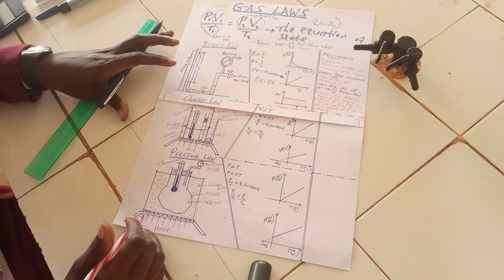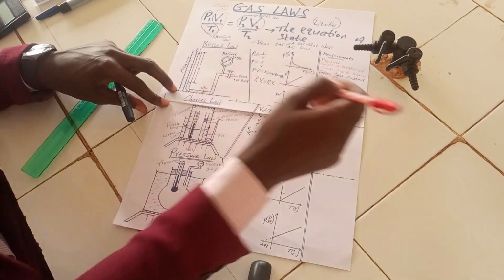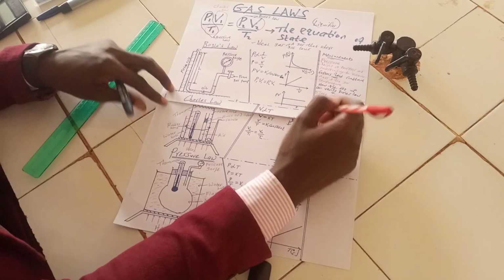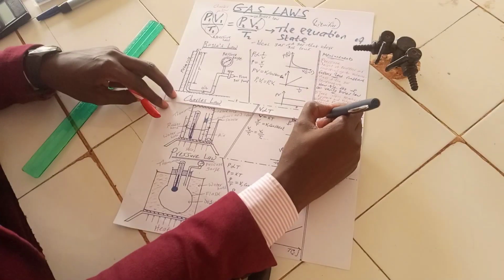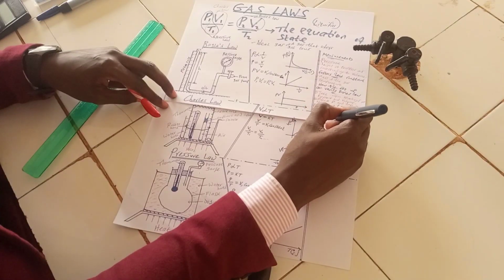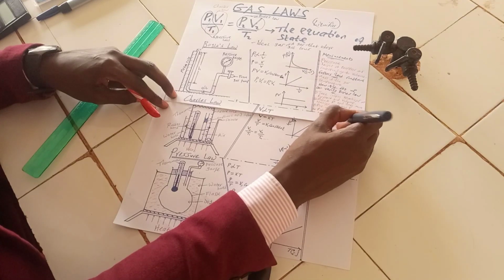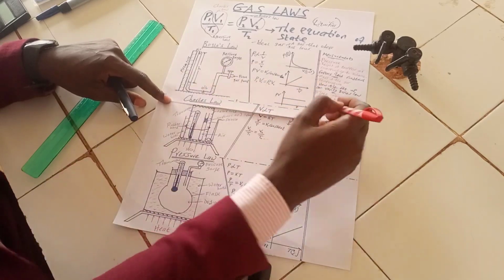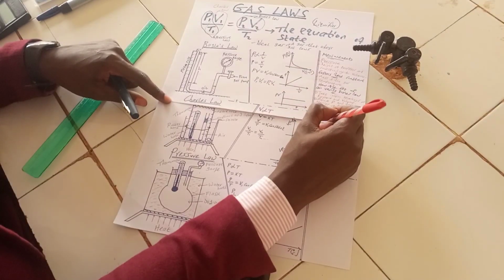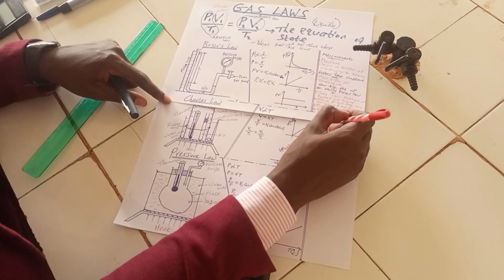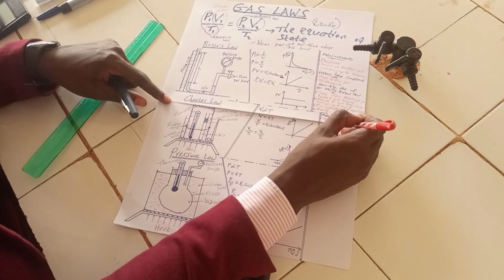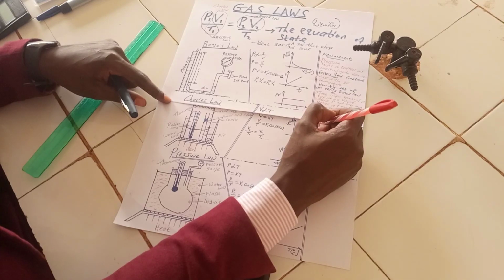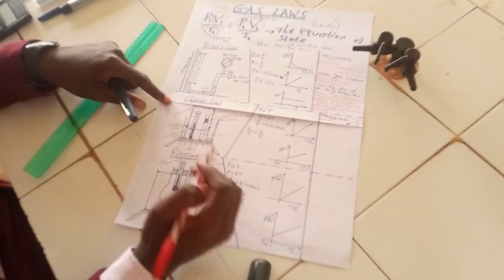So first of all, let's start with the measurements. Which measurements can you take from this experiment? Of course the first measurement is temperature of gas. We can take the measurement of temperature through the thermometer.